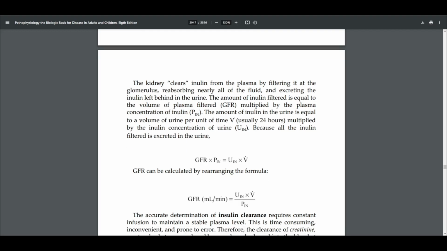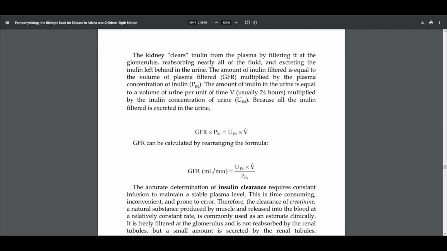The kidney clears inulin from the plasma by filtering it at the glomerulus, reabsorbing nearly all of the fluid, and excreting the inulin left behind in the urine. The amount of inulin filtered is equal to the volume of plasma filtered, your GFR, multiplied by the plasma concentration of inulin.